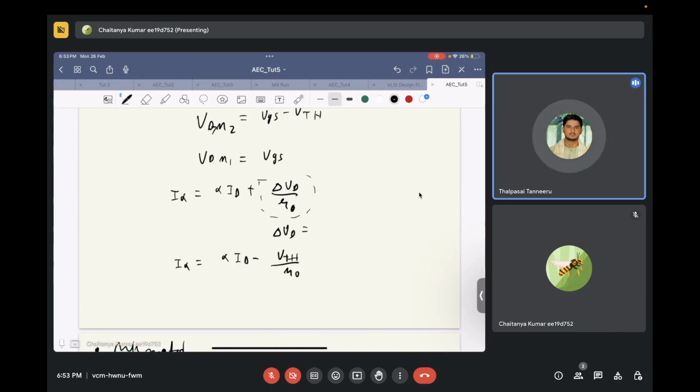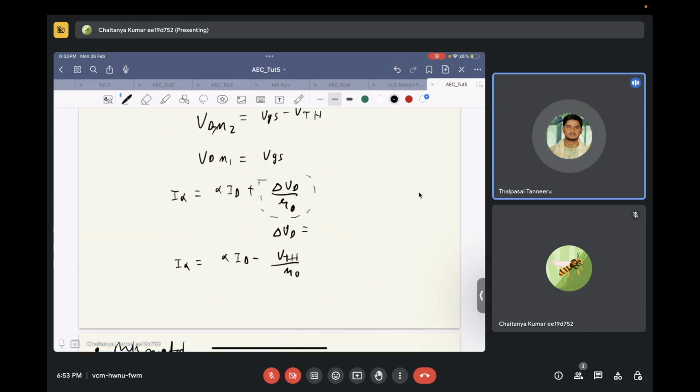Yeah, we can increase the VGS, sir, gate to source voltage. How will that help? If we increase the gate to source voltage, then there would be no decrement in the threshold voltage. Here delta VD is VGS minus VTH. Okay, both are same, right? Yeah.